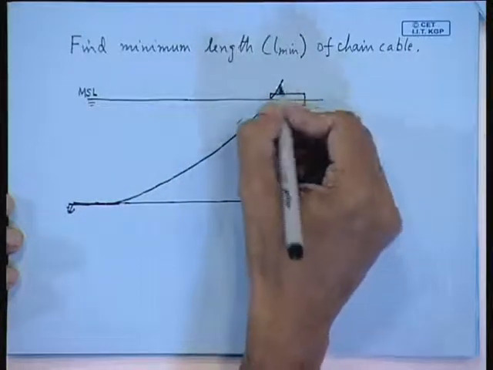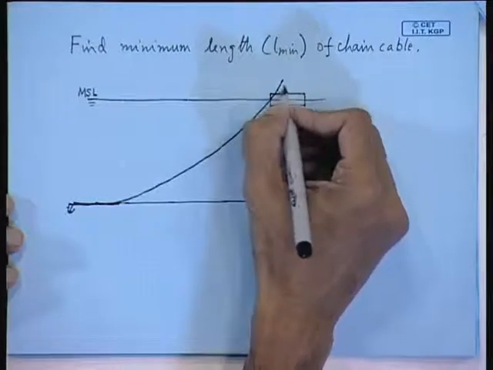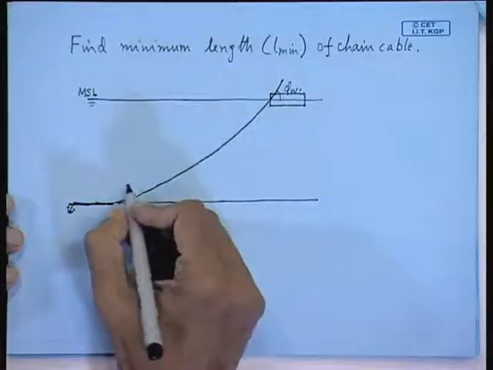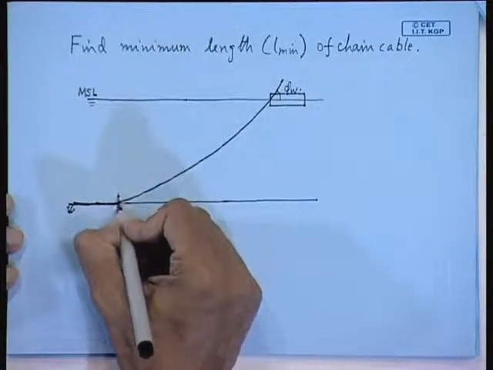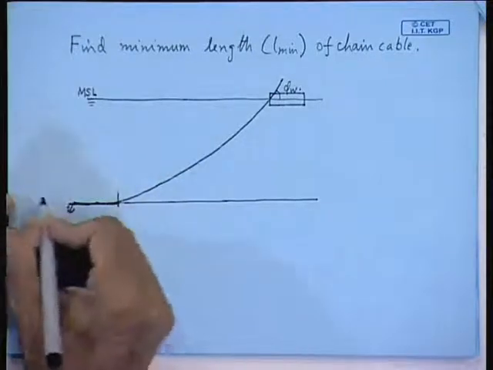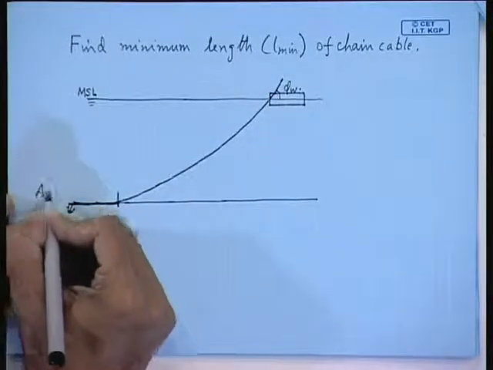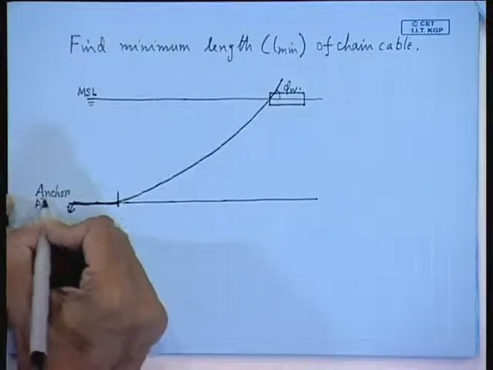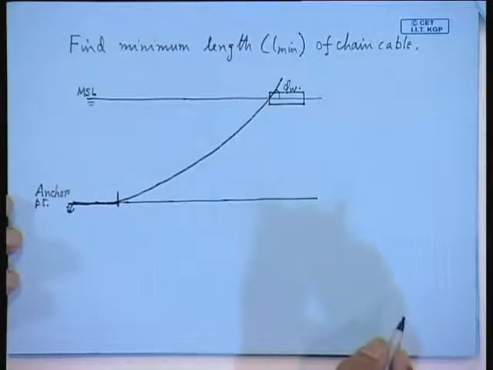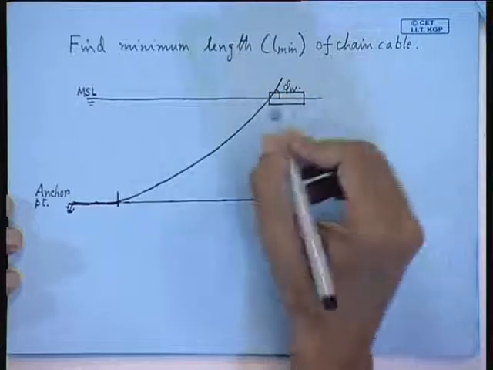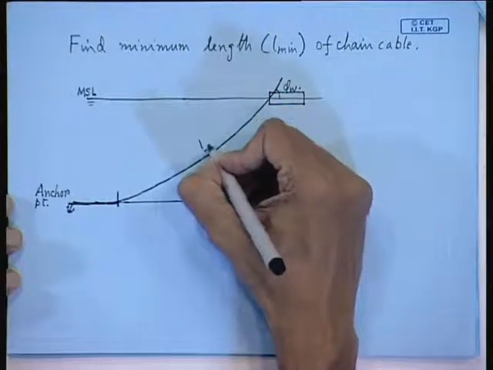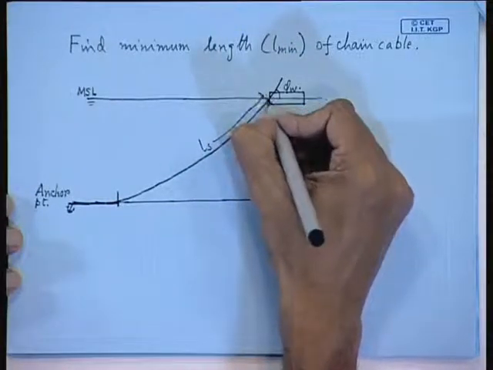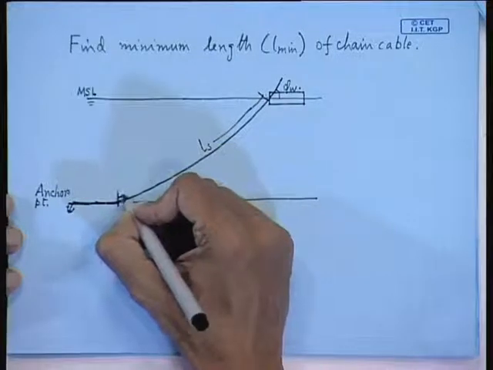So this is your angle, that is, if you take the tangent out here, your angle is becoming phi w. So LS is this length. You start from here, don't start from the anchor. So this is your anchor point. Now LS is this one, that is the length of the catenary. This you take from this boat.